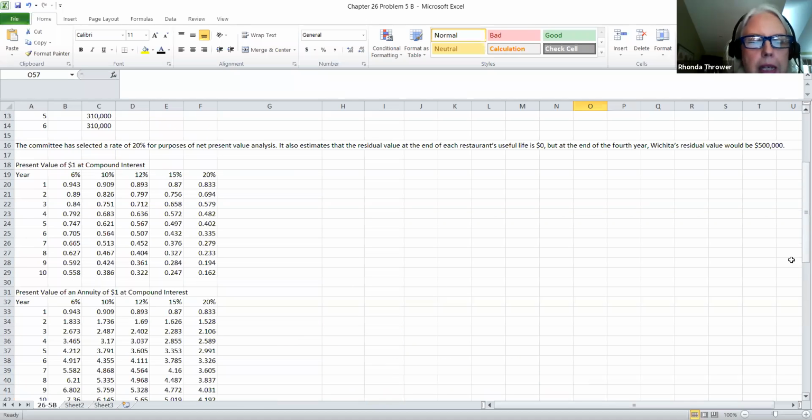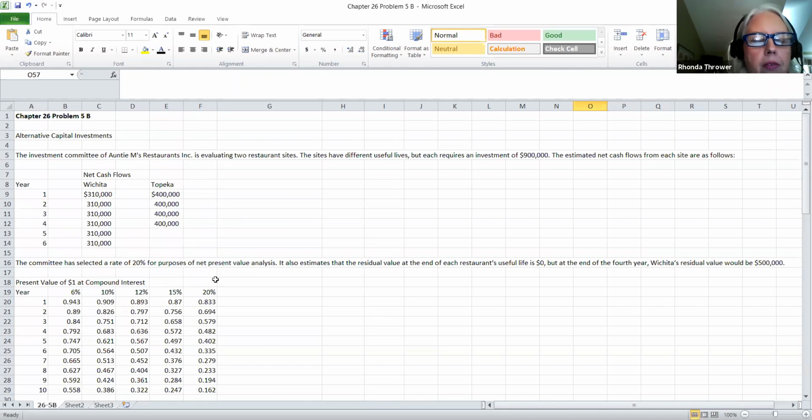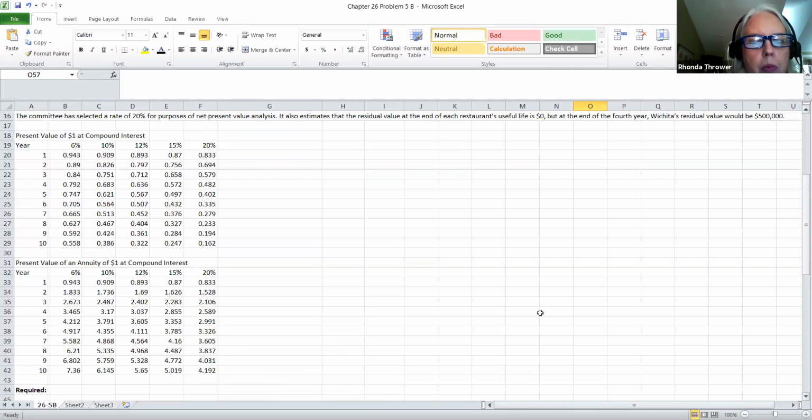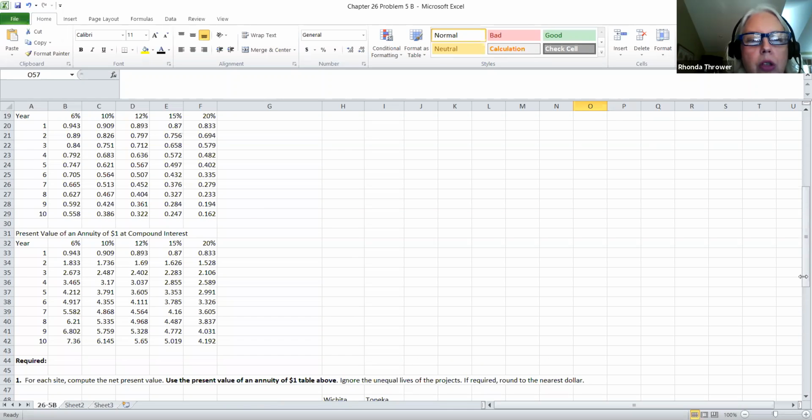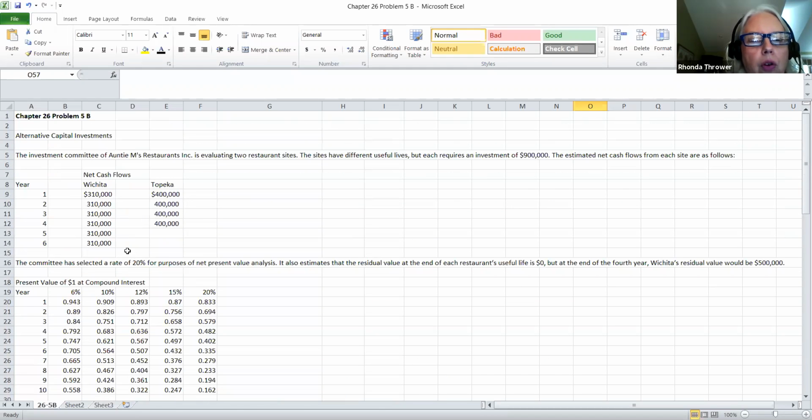An annuity is a series of equal cash flows. Since both of these assets had net cash flows that were equal in amount, you could have just used the annuity table, especially in the first problem. That's what they're telling you to use, but they're telling you also to ignore the unequal useful lives in this first problem.